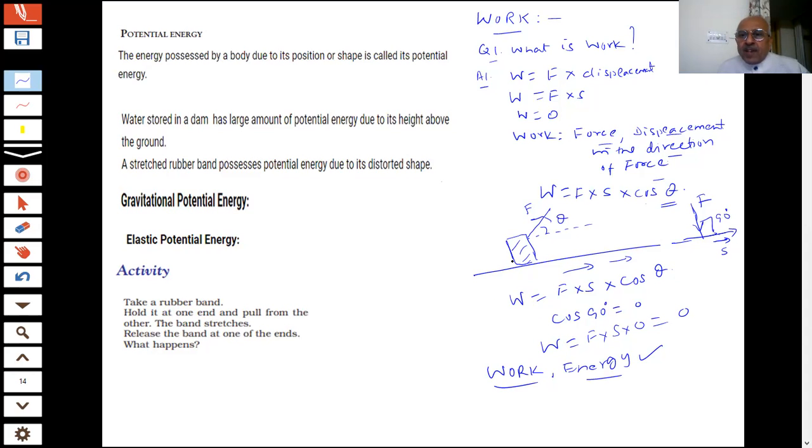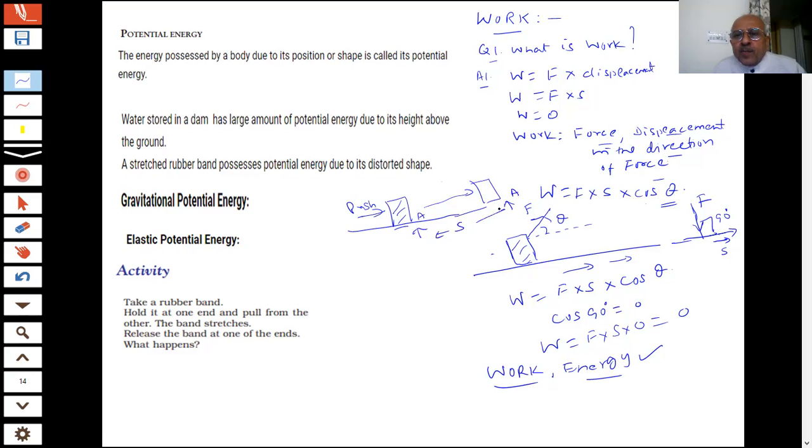No. For example, consider here is a box, students, and if you are pushing the box, who will push the box? If some person is pushing it, he must have energy to push the box. So we are saying it moves from this position to this position. This is my A position, supposing now this is A. So this is our displacement, students.